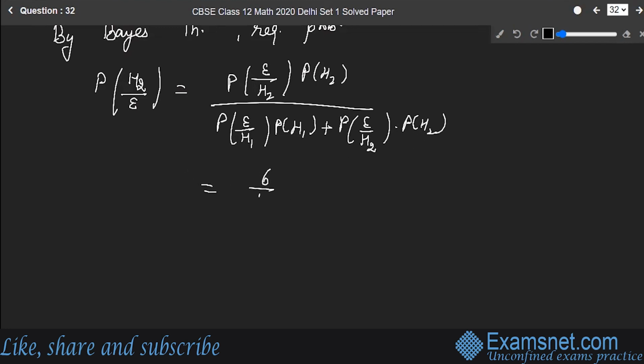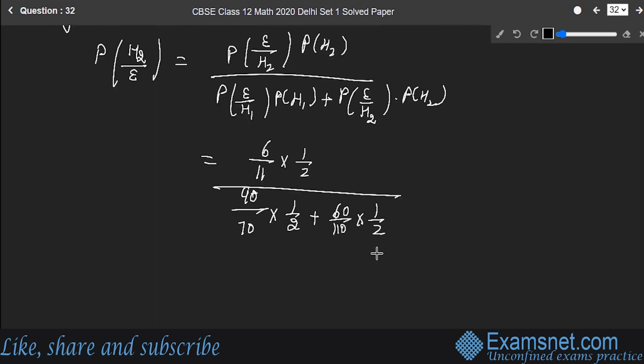Now let's fill in the values. This is 6 upon 11 into 1 by 2 whole divided by 40 upon 70 into 1 by 2 plus 60 upon 110 into 1 by 2.